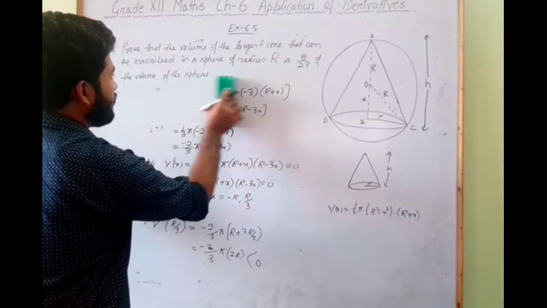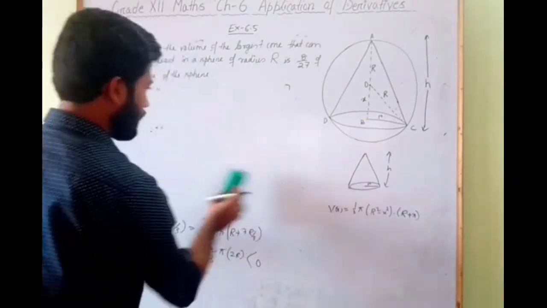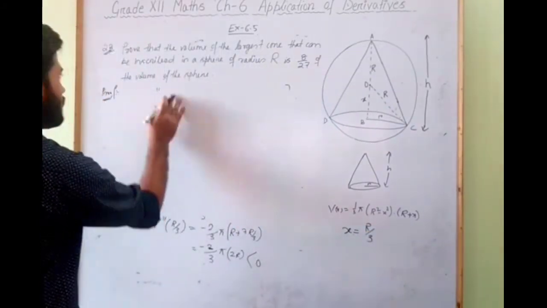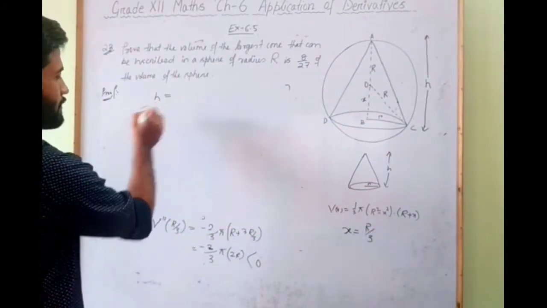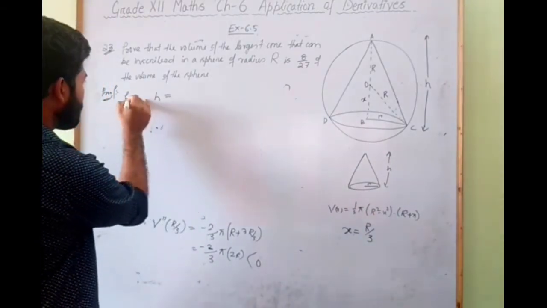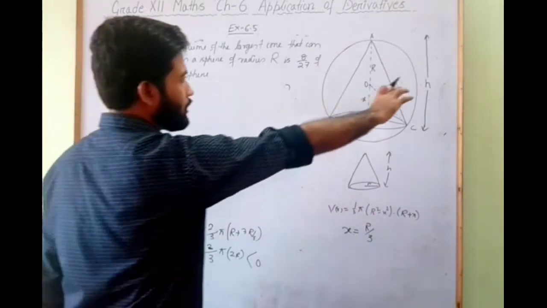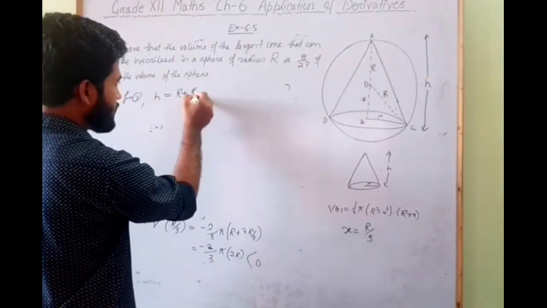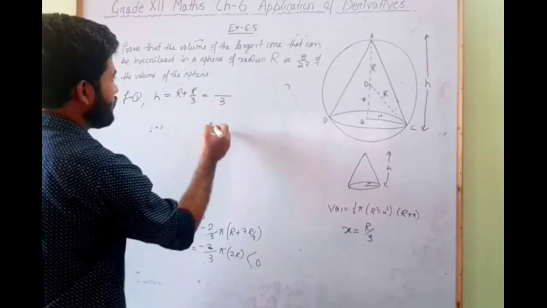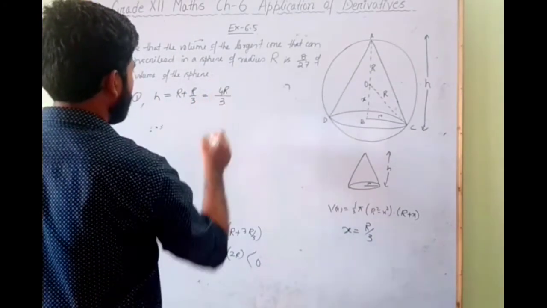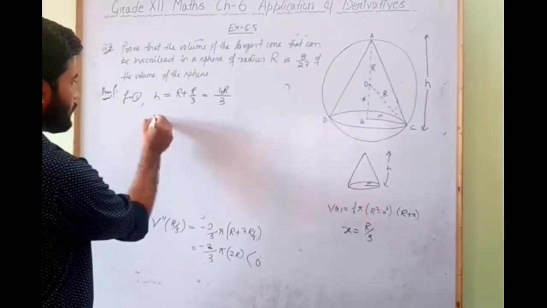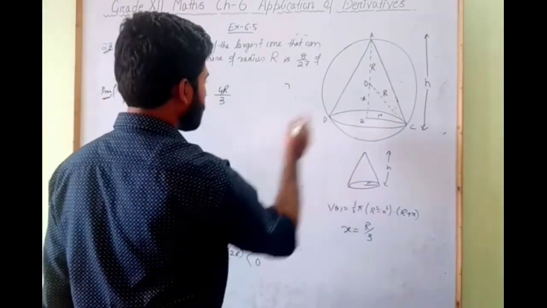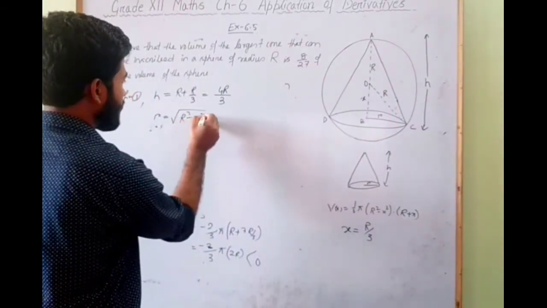Okay, fine. Now what to do? We have got the maximum value at the point x = r/3. So using r/3, let us find the h first. From equation 1, if you recall, our height was R + x. So now in place of x I can replace it by r/3. So this will be 4r/3. And what will be our radius? Our radius was root over r square minus x square.